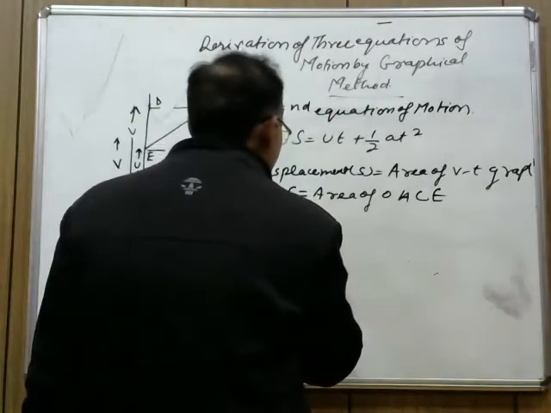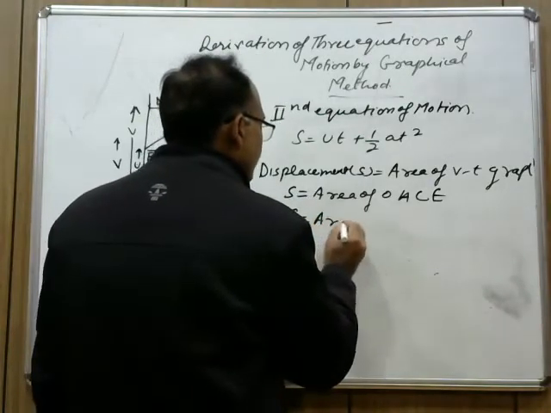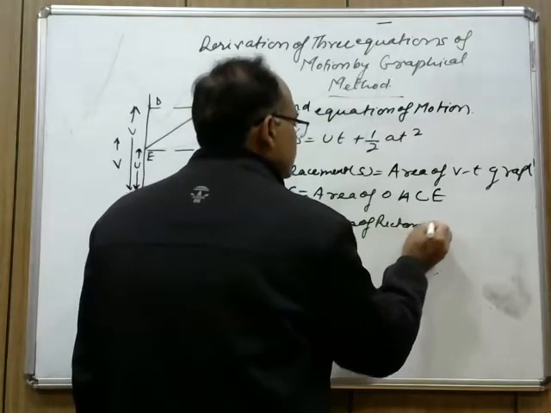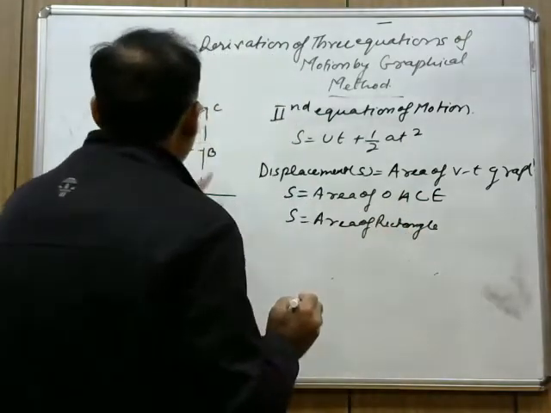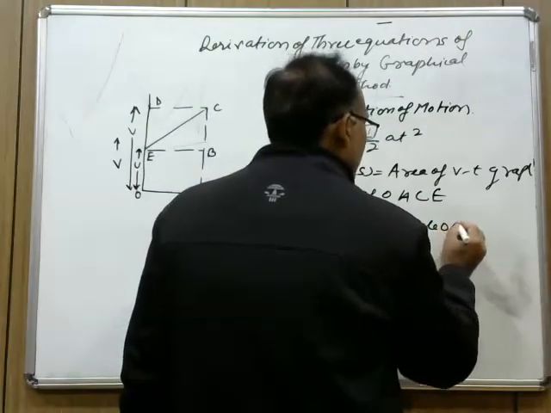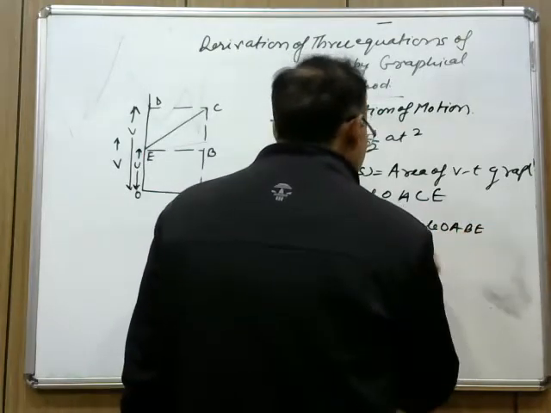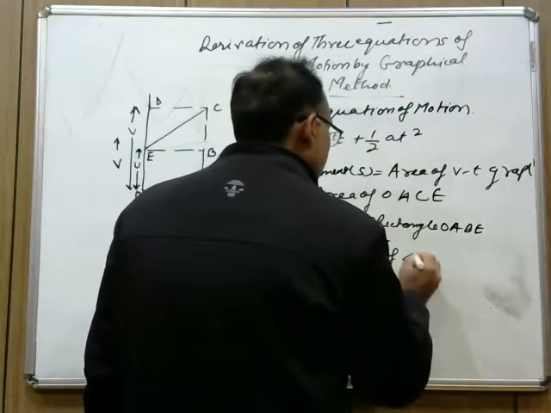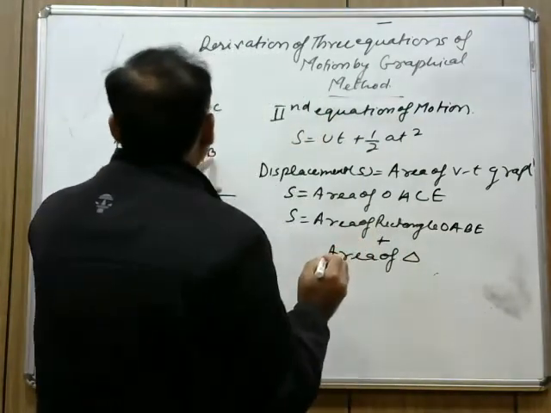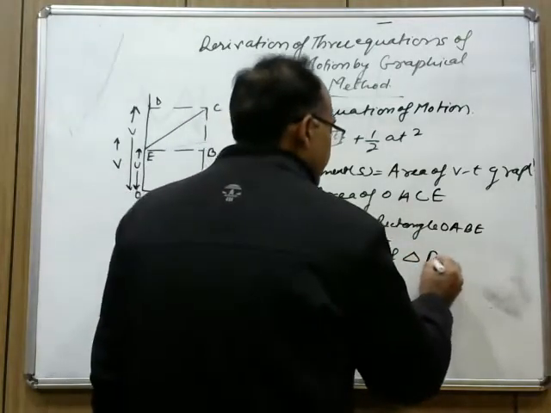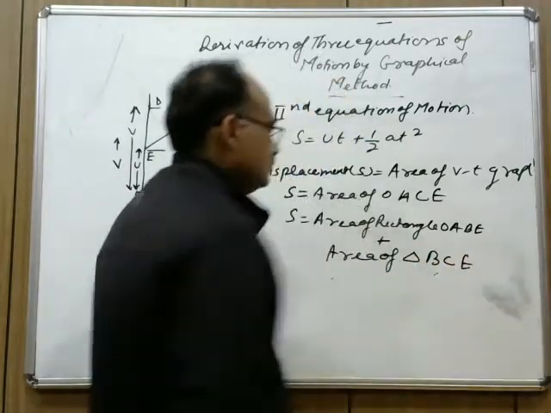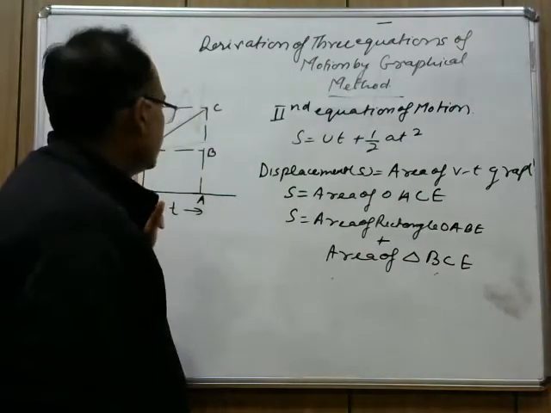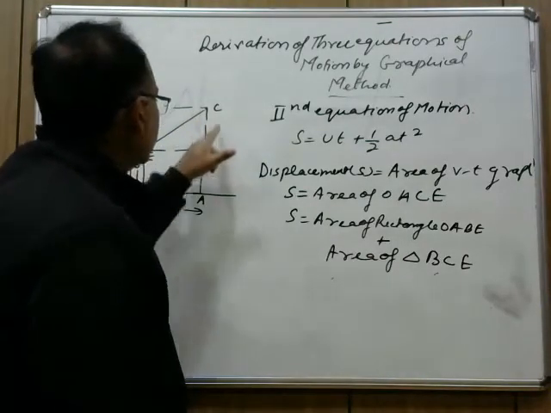Now it can be split, that is, area of rectangle OABE plus area of triangle BCE, or you can write CBE.